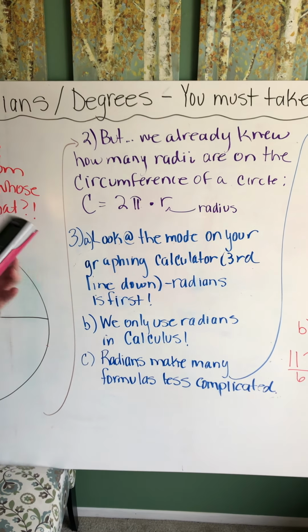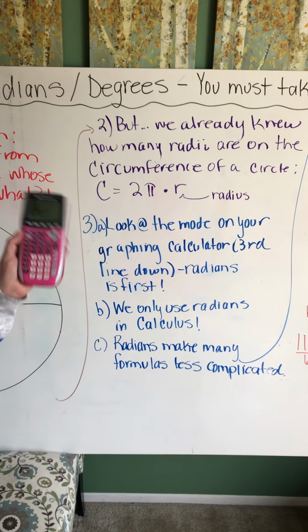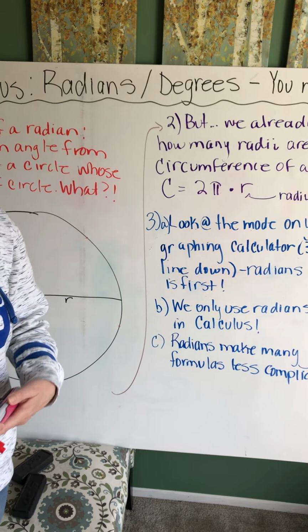If you hit your mode button and go down to the third line, it has radians and degrees, and radians actually comes first. We only use radians in calculus, and of course, this is pre-calculus.